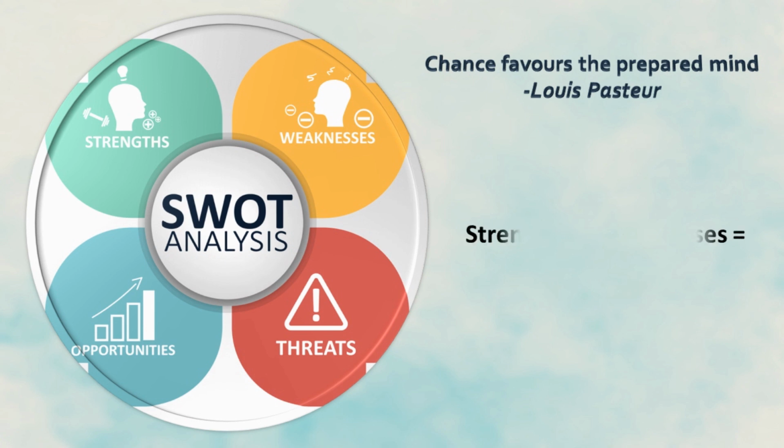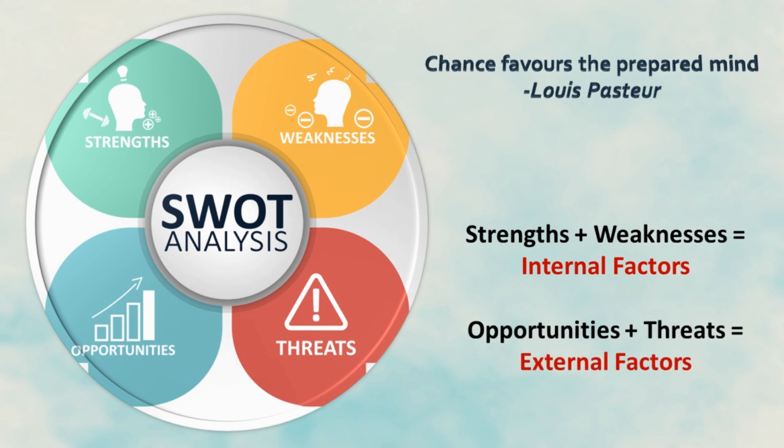Basically, strengths and weaknesses, the S and W parts, are the internal factors of SWOT analysis, and opportunities and threats, that is O and T, are external factors. So what we observe here is that SWOT analysis is a balance of analysis between internal factors and external factors.